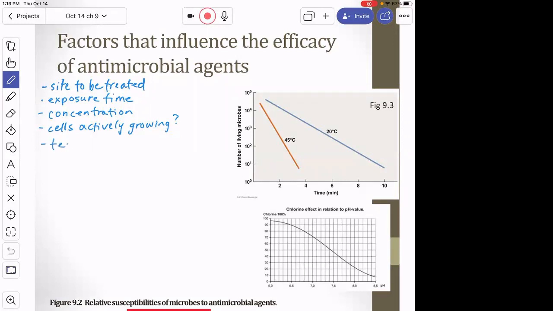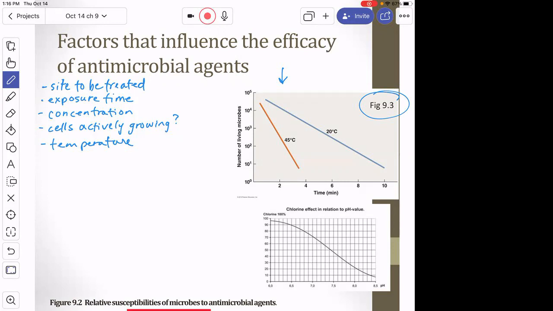What about the temperature? We know that for a lot of methods, cells are going to die quicker when the temperature is higher. This is a figure from your book here. I think they were being treated with some chemical.